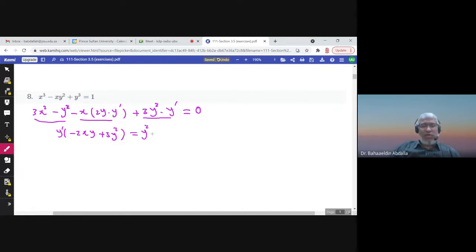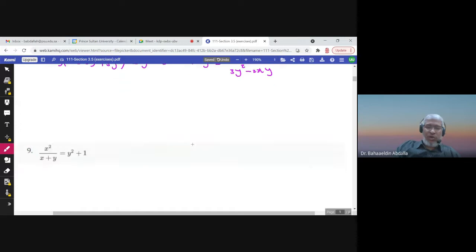So I'll have y squared minus 3x squared. And then y prime or dy by dx would be equal to y squared minus 3x squared over 3y squared minus 2xy, or negative 2xy plus 3y squared. This is y prime or dy by dx.